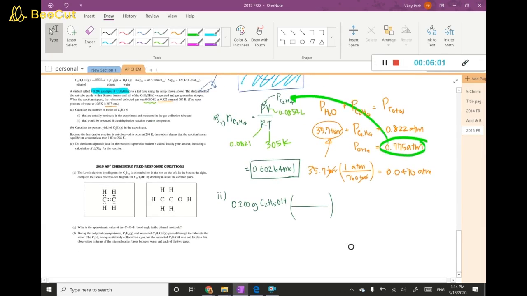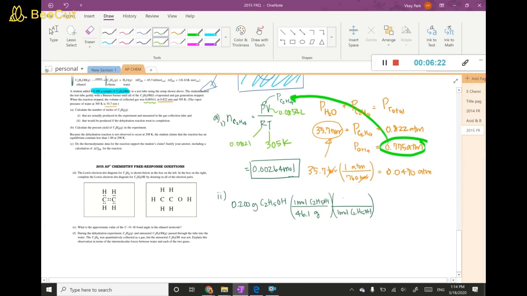46.1, right? Because they gave it to us, 46.1 grams to 1 mole of C2H5OH. Okay, and for every mole of ethanol is how many moles of ethene? 1-to-1 ratio based on the equation up here, right?